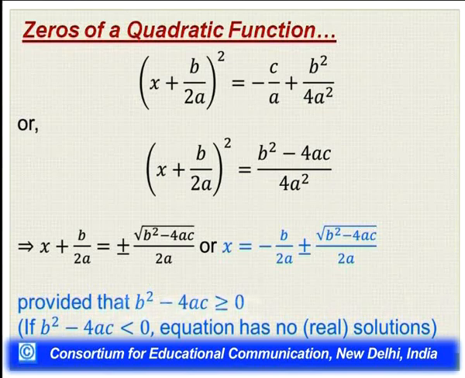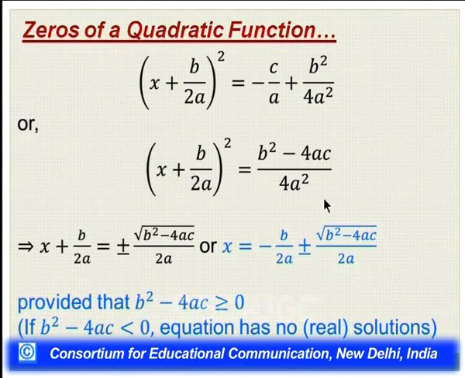And in this way, I get the solution for x, which is what you are all familiar with as the solutions for the quadratic equation, which is x is equal to minus b by 2a plus minus square root of b square minus 4ac divided by 2a.